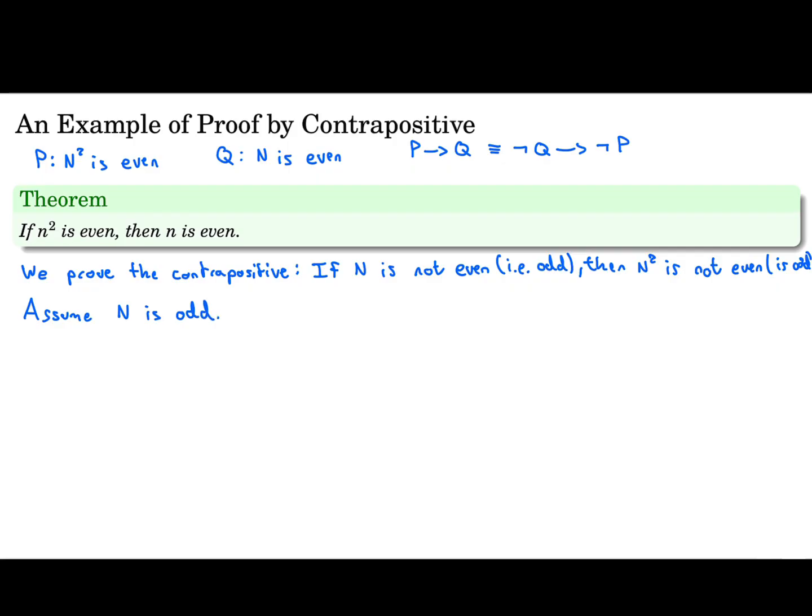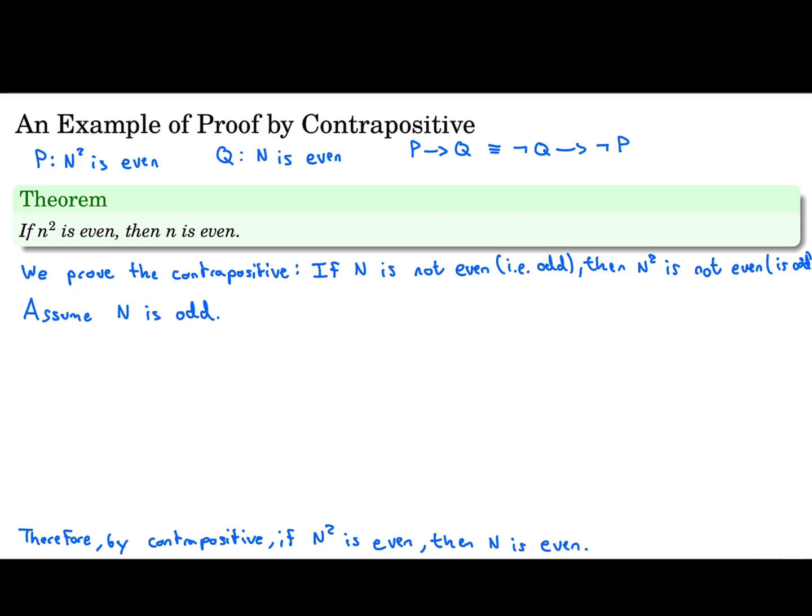And we're going to do a bunch of stuff, and we know that at the end, we should end up with, therefore, by contrapositive, if n squared is even, then n is even.